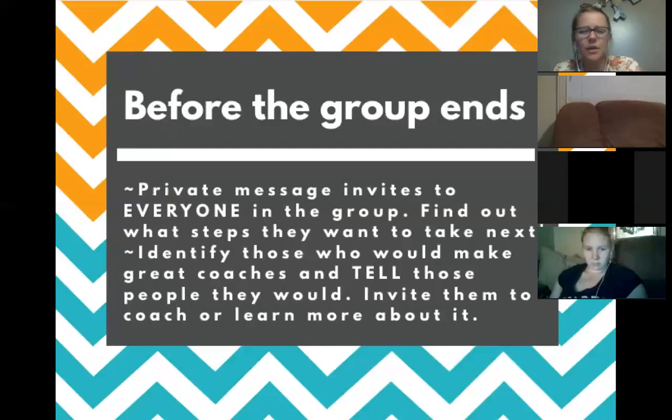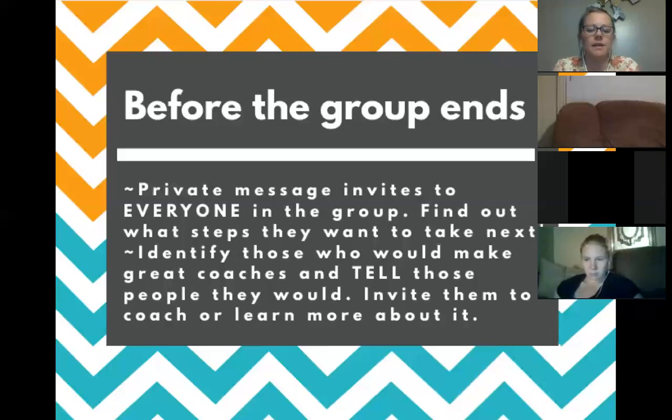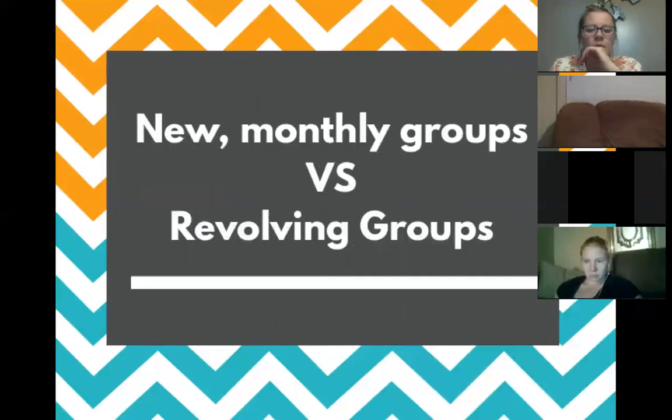And then if you can tell the ideal coaches, based on their posts and their interaction with you and in the group, if you recognize them as a potential coach, tell them that they would make a great coach. You're talking to them, and this is in messaging, of course, and invite them to learn more about the coaching opportunity.